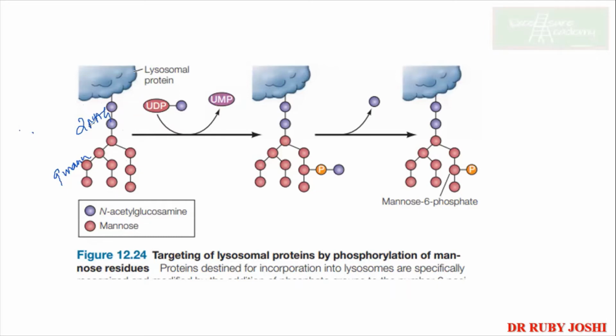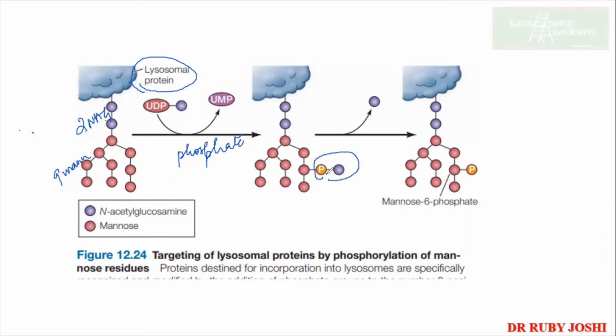Now, suppose this protein is meant to be transported to the lysosome. What does that mean? It is a lysosomal protein. Then after your 2 NAG and 9 mannose, there is going to be another kind of modification. What happens here? A phosphate group is added. So UDP becomes UMP, because one of the phosphate groups is added over here.